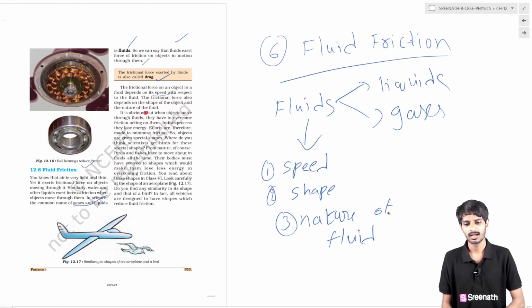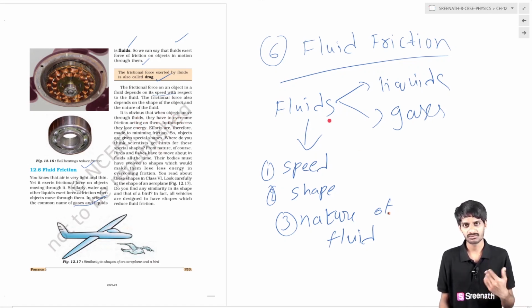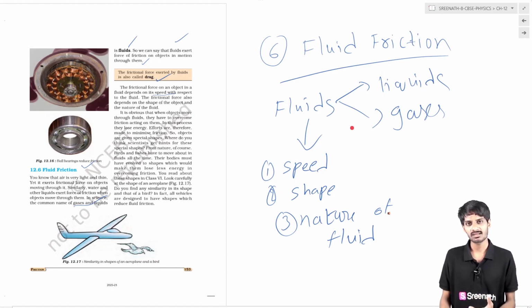When objects move through fluids, they have to overcome the friction acting on them. When any object is moving in liquids and gases, it has to overcome the fluid friction. In order to overcome it, it has to apply some force, and in order to apply that force, it has to lose some energy.